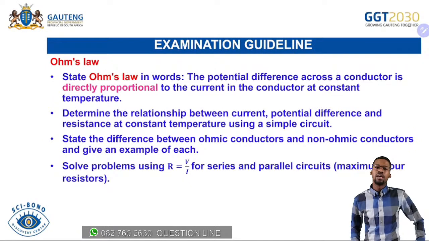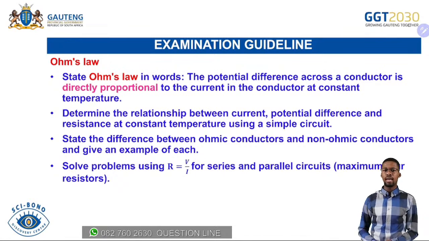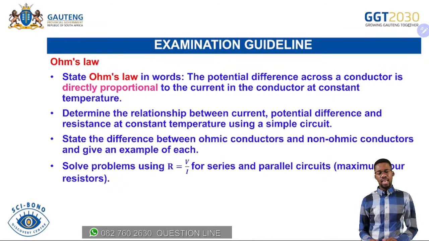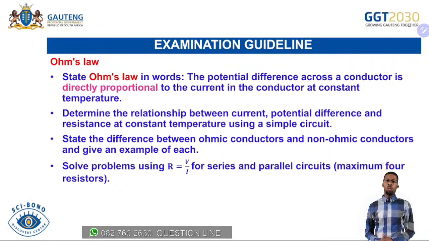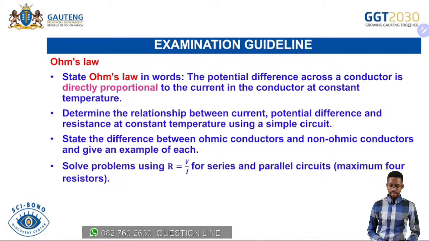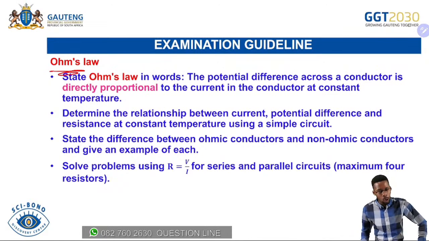So let us look at the exam guideline. This is what I always emphasize: the exam guideline is our friend. We need to refer to the exam guideline. What does it say? When we deal with electric circuits, the first thing that you look at is Ohm's law.